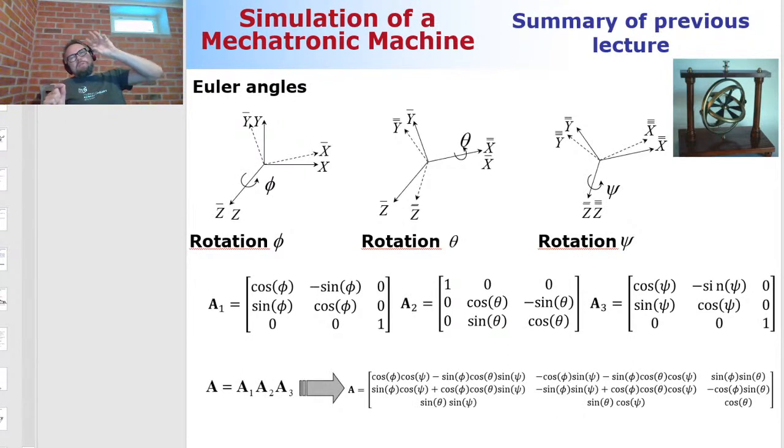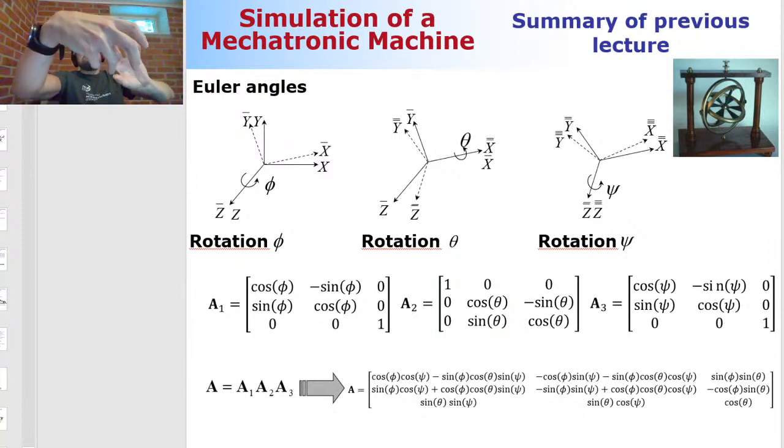The coordinate system will be rotated once, and then the once-rotated coordinate system will be rotated a second time, and the twice-rotated coordinate system will be rotated a third time. So this is the concept of successive rotation.